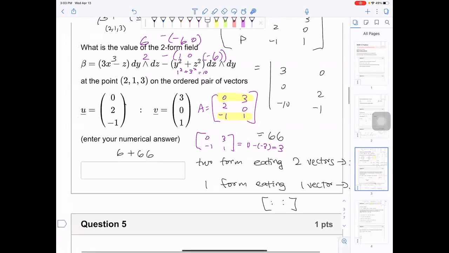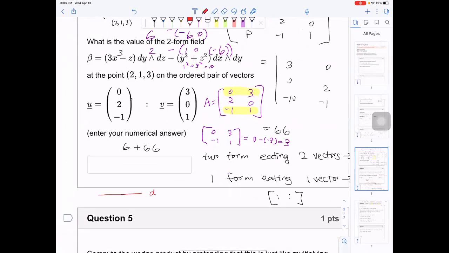Like if you had some expression times dx wedge dz, that would equal whatever this expression is times 3. Or would it be dz wedge dx? Yes, dz wedge dx. Wait, why would it be that?